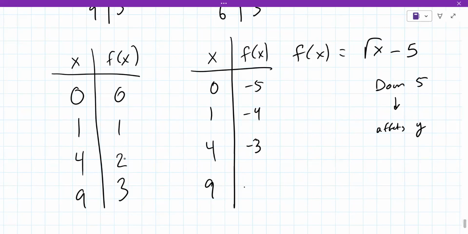You said every y value you're subtracting 5 from. 0 minus 5 is definitely -5. 1 minus 5 is -4. 2 minus 5 is -3. 3 minus 5 is -2. Okay.